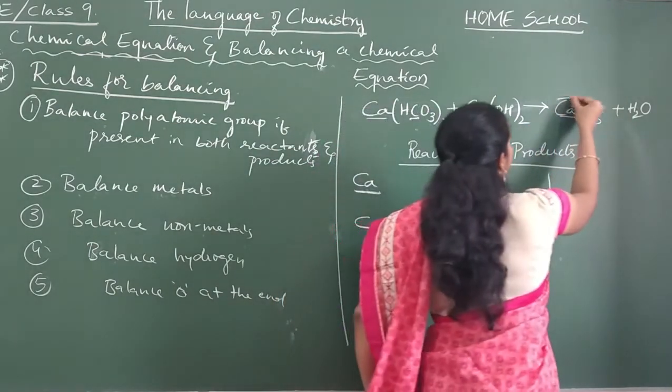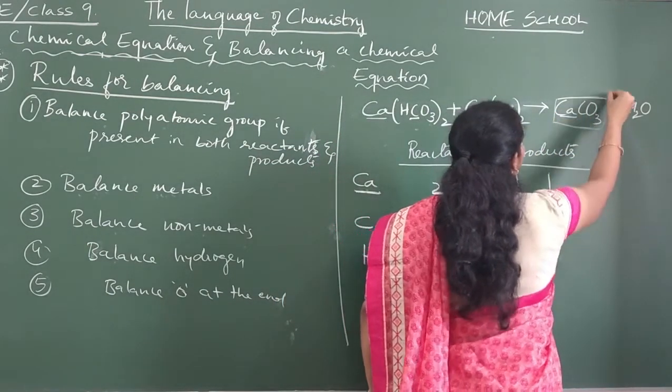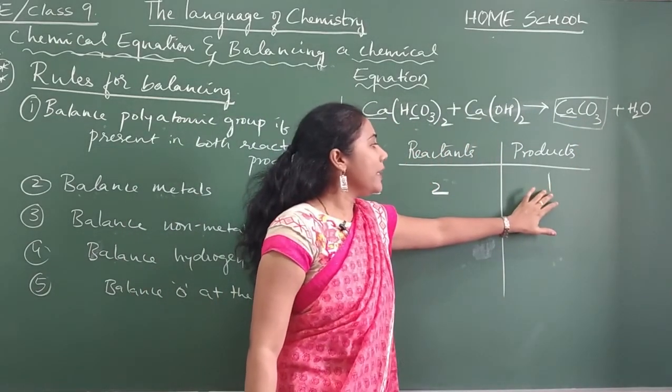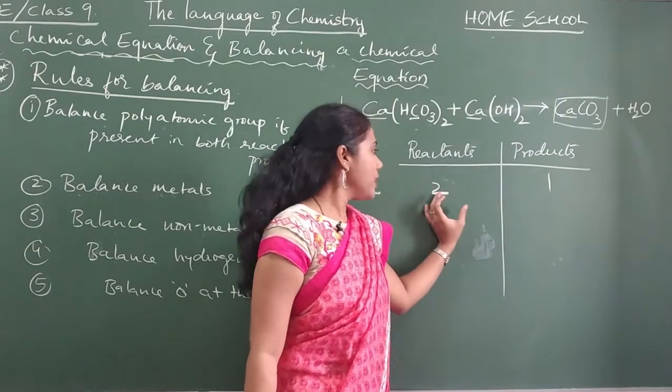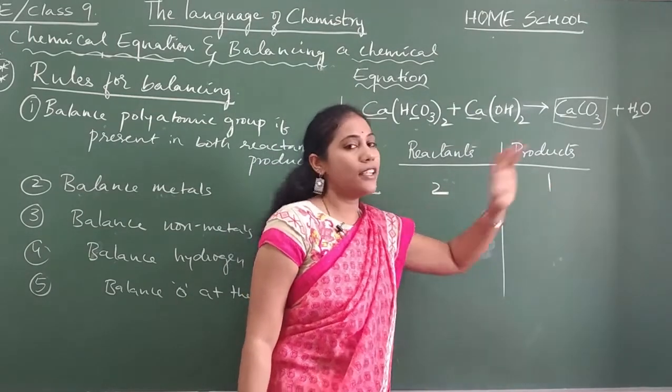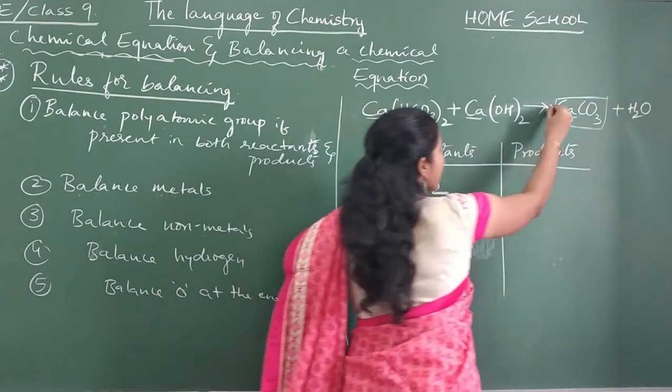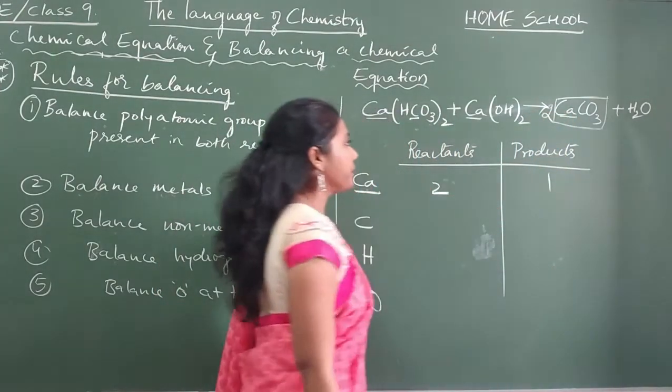Don't change anything within a formula. On the product side you have to make 2, because 2 calciums are there on the reactant side. So the product side also should have 2 calcium atoms. How do you make 2 calcium atoms? Start by putting a digit 2.